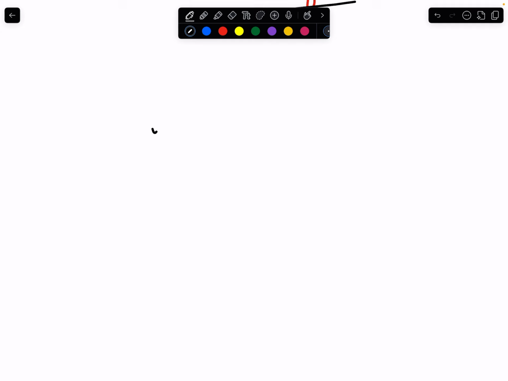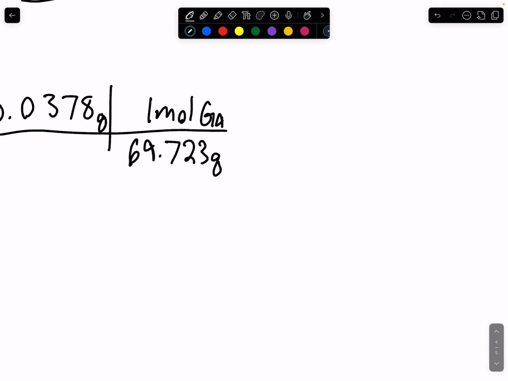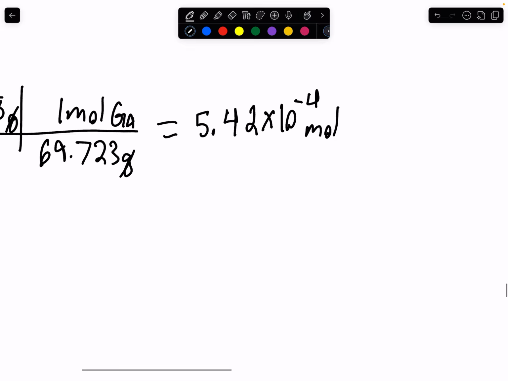So I'm going to put 0.0378 grams to 69.723 grams to 1 mole Ga. Grams Ga, they cancel out, and that equals 5.42 times 10 to the negative 4 moles of Ga.